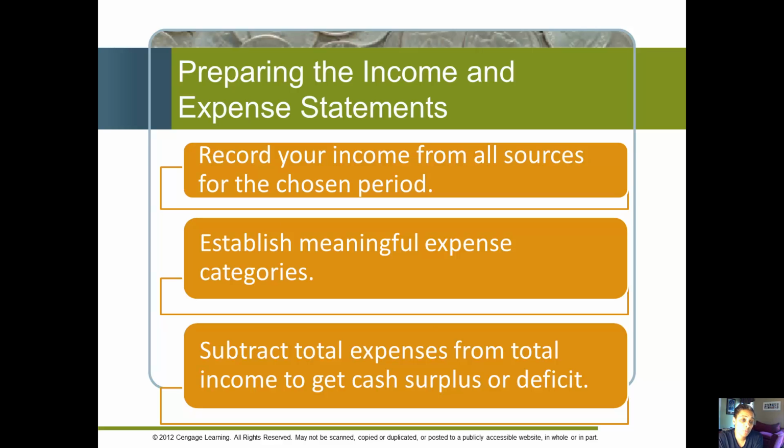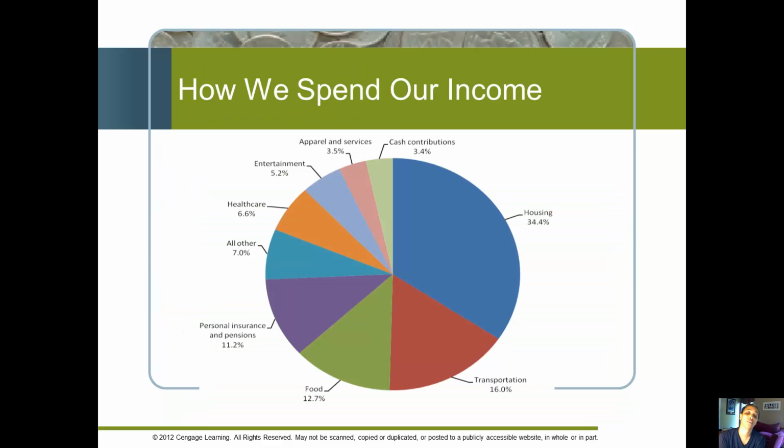The way that you prepare the income and expense statement is that you record your income from all sources and then categorize them in a way that's meaningful for you, and subtract the total expenses that you've categorized from your total income to get that cash surplus or deficit.